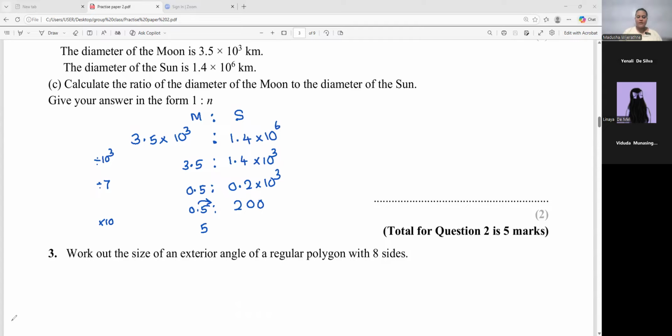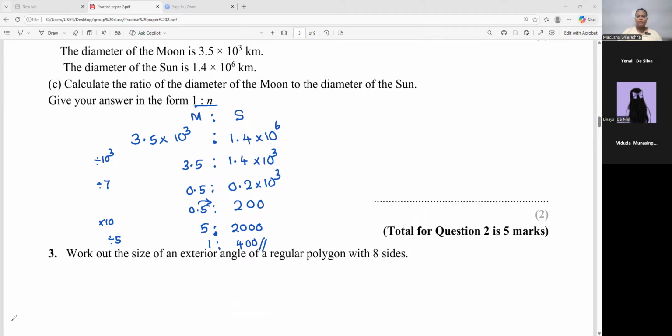Multiply the other side also. These are like the fractions. If we do something for one term, we have to do the same thing for the other term also. 2000. Still we can simplify, divide both sides by 5. 1 is to 400.